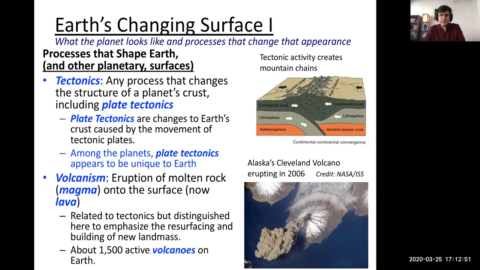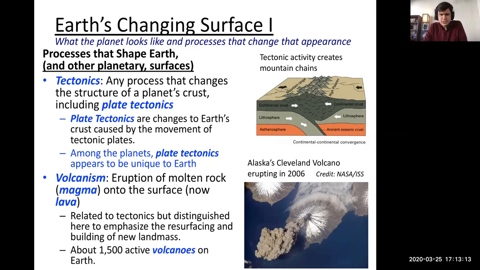So what else do we have that changes Earth's surface? Volcanism. This is where we have the eruption of molten rock, typically from the mantle or deeper. So we have molten rock, magma, as a subsurface, erupting and coming up onto the surface of the Earth. Once it reaches the surface of the Earth, we don't call it magma anymore, we call it lava.